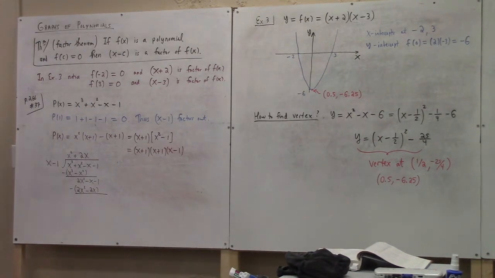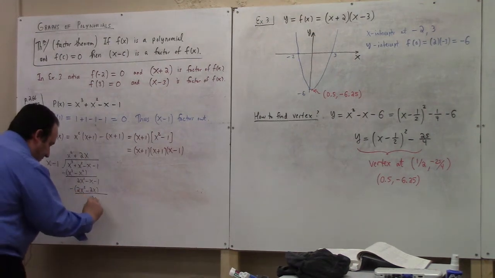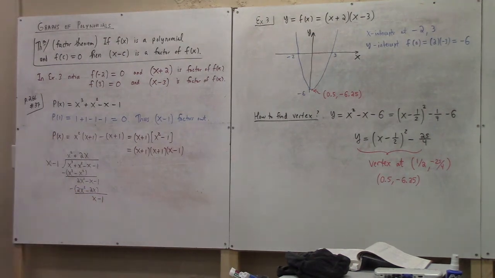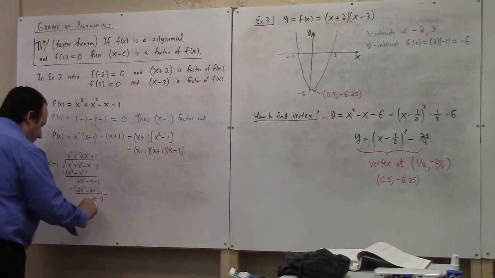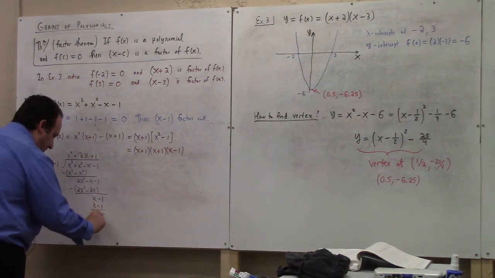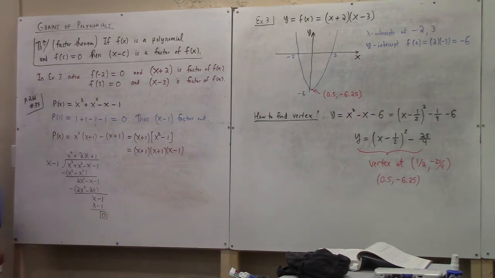What I'm trying to say is I've got x minus 1, right? Hey, that's nice. How many times do I need to multiply x minus 1 to get x minus 1? One time, right. So plus 1. And then you see we get 0. Which is what should happen if it's a factor, right?